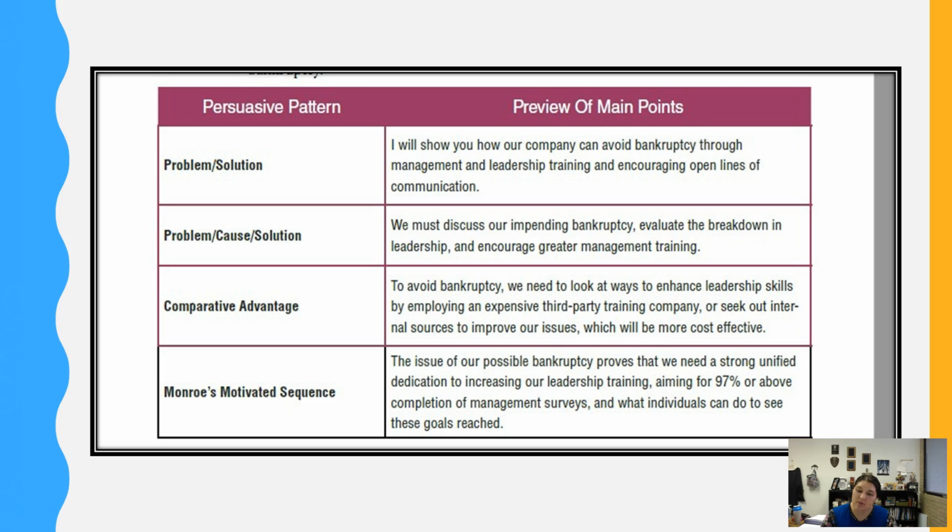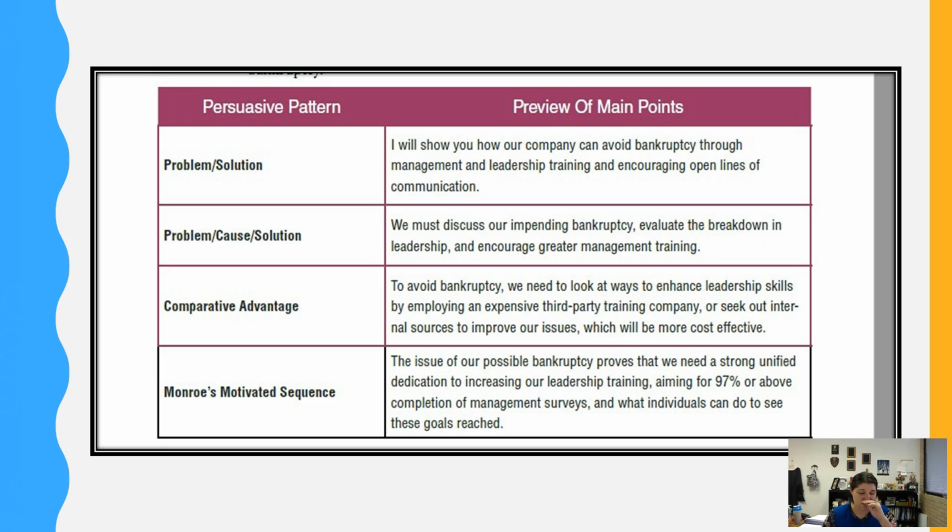The issue of our possible bankruptcy proves that we need a strong, unified dedication to increasing our leadership training, aiming for 97% or above completion of management surveys, and what individuals can do to see these goals reached. So it's talking about the same idea, right? They picked the idea and it was about this company's bankruptcy, and then it shows you the different ways that you could talk about that bankruptcy depending on what persuasive organizational pattern you wanted to use.